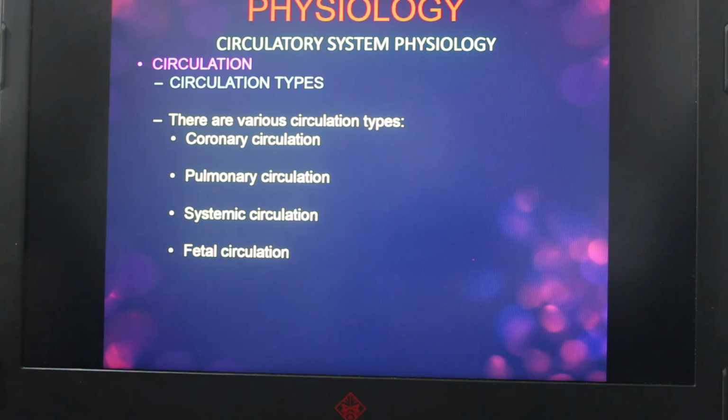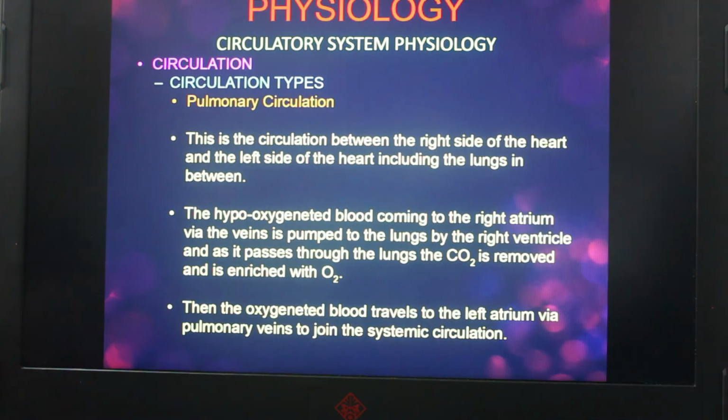There is a period of adaptation for a baby, a change from the fetal circulation to the adult type of circulation. So what we will be dealing with is the coronary, pulmonary, and systemic circulations.